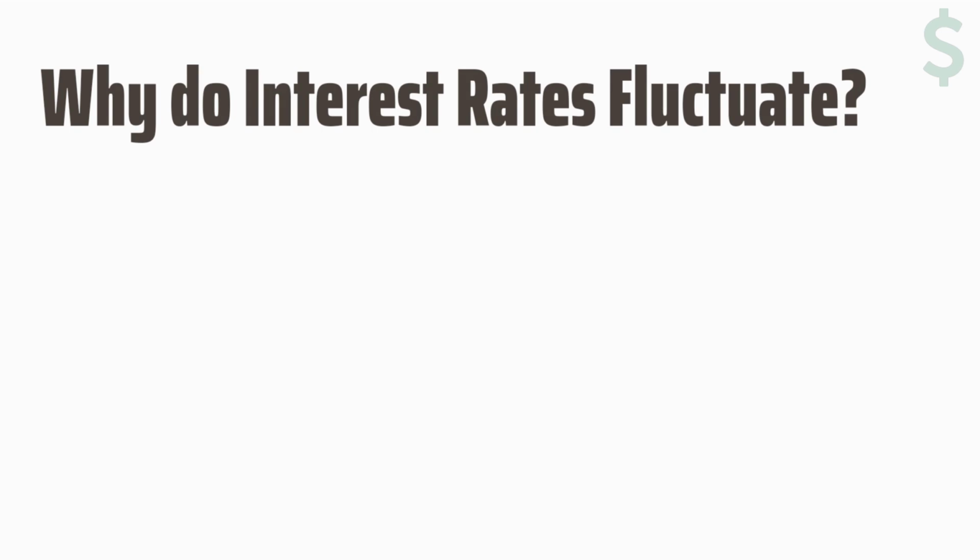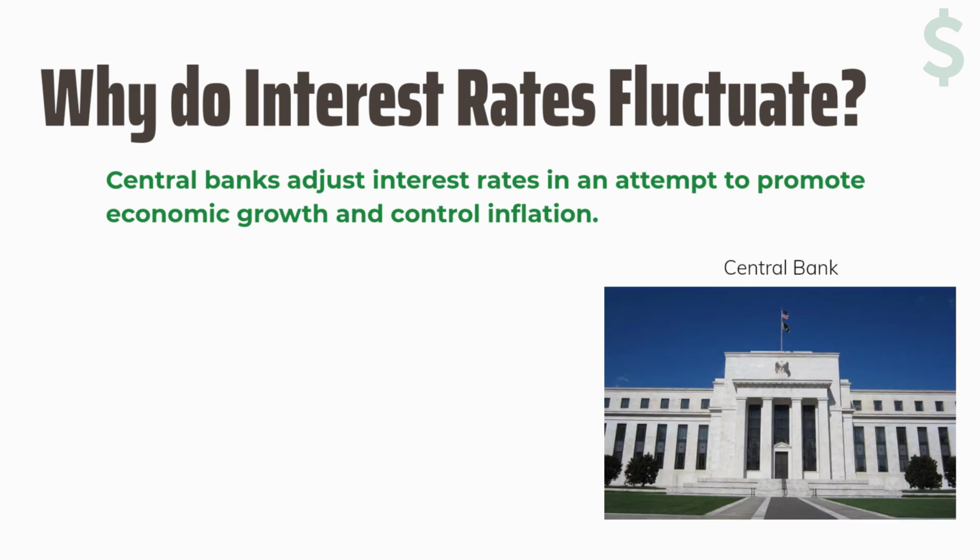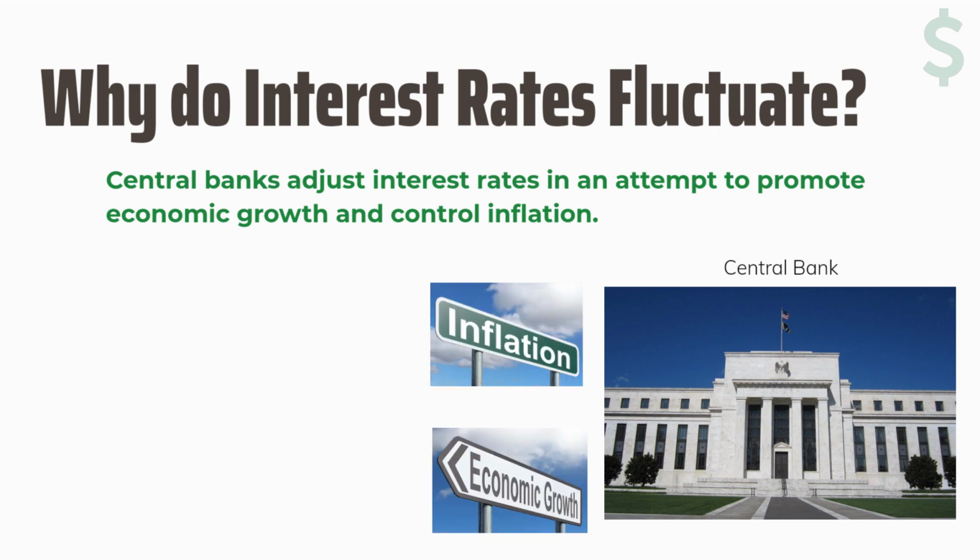Why do interest rates fluctuate? Interest rates can change frequently due to various factors, such as inflation and economic growth. Central banks, such as the Federal Reserve in the United States, have the power to adjust interest rates in an attempt to control inflation, which is the rise in prices of goods, or to promote economic growth.